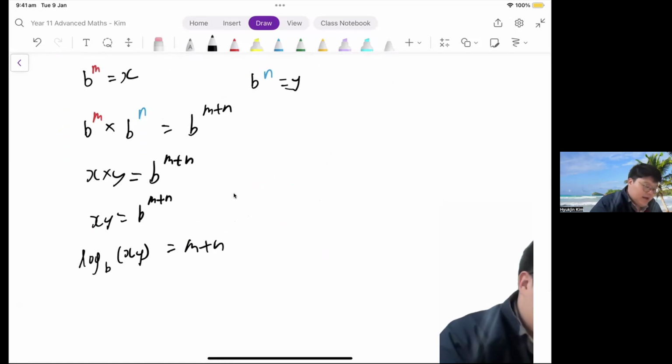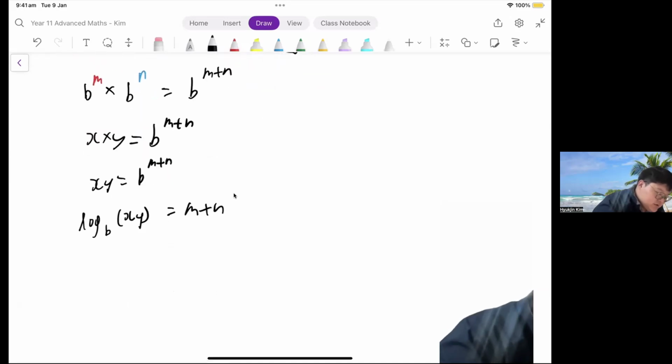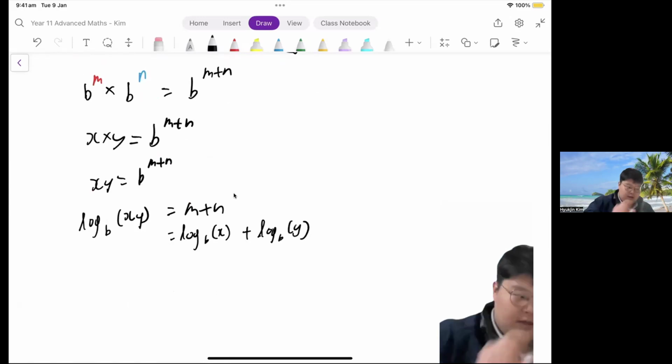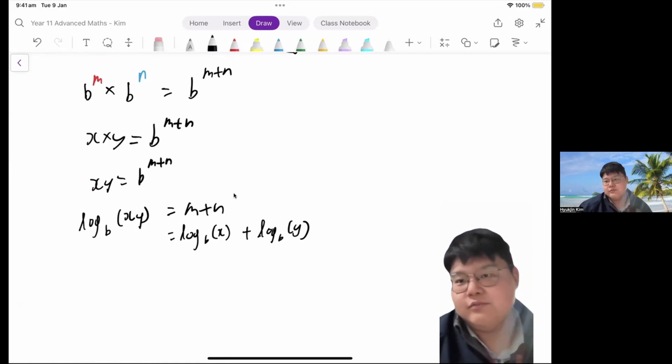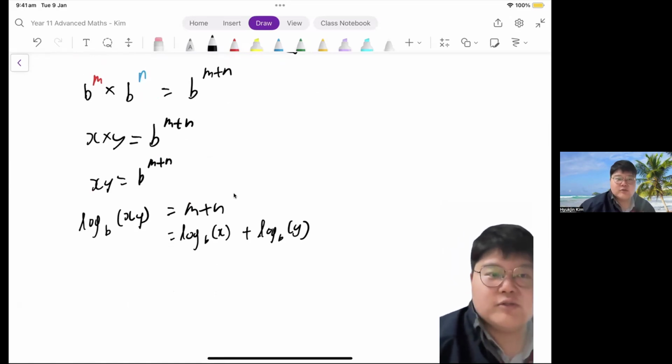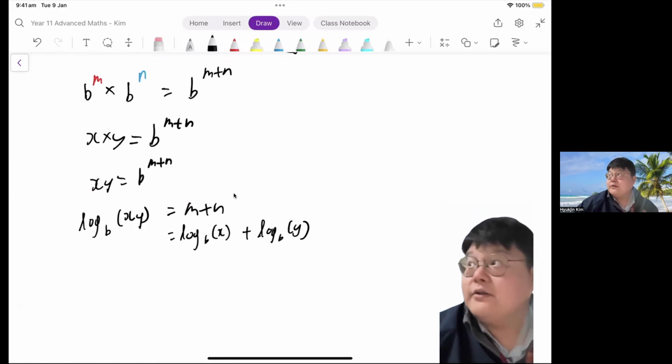But what did we know about m and n just now? m is this guy, and n is this guy, which is log base b of x plus log base b of y. That's how the product rule works. Product property, because product rule, we like to use it for differentiation mostly. Same thing for division, and everything else just kind of follows along.